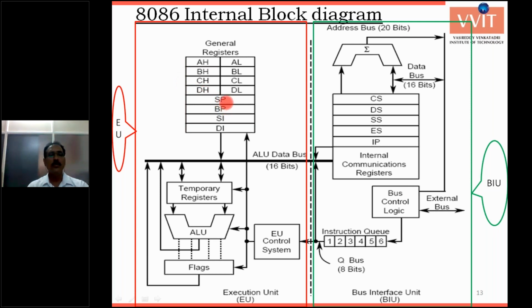There are two pointer registers, stack pointer and base pointer, and two index registers, source index and destination index. AX, BX, CX, DX are also divided into two parts, lower order and higher order. AL is the lower order of the accumulator, AH is the higher order. Similarly, BL and BH are the base register lower and higher order, CL and CH the count register, and DL and DH the data register.